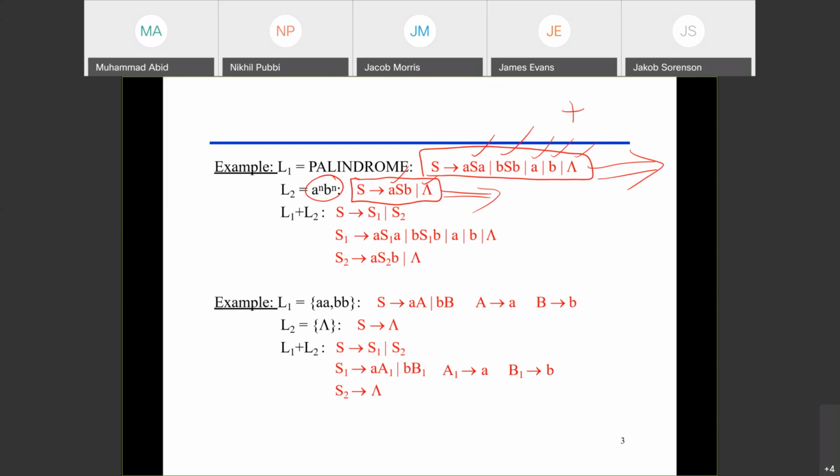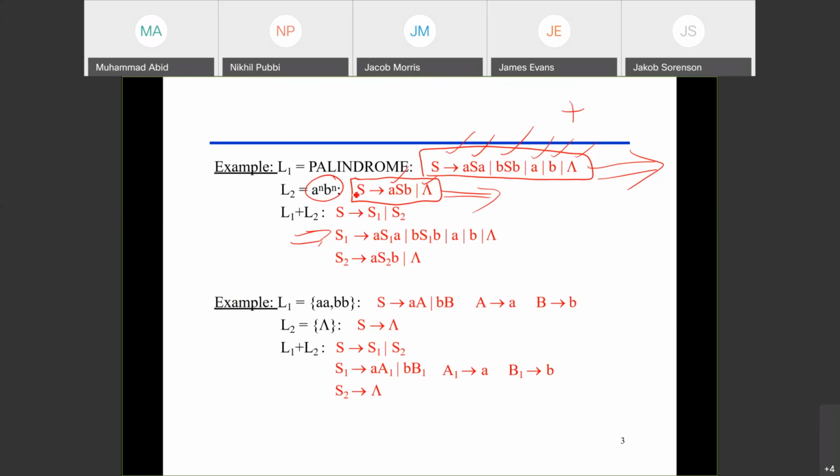First of all, for the first language, its context-free grammar, I will number all of its non-terminals with 1. Look at this one. We have this grammar here for language 1, and we numbered all of its production rules with S1, S1, S1, all just non-terminals.